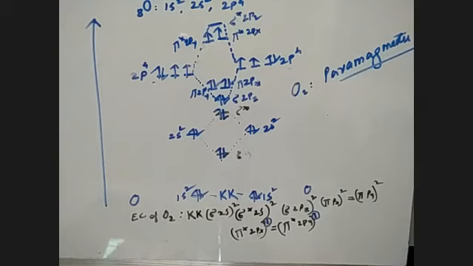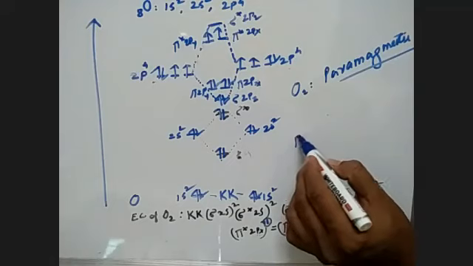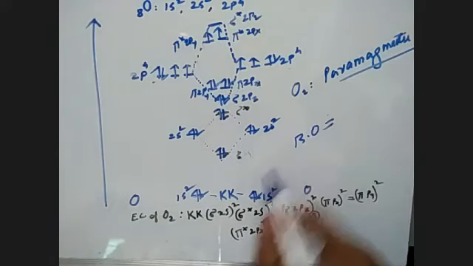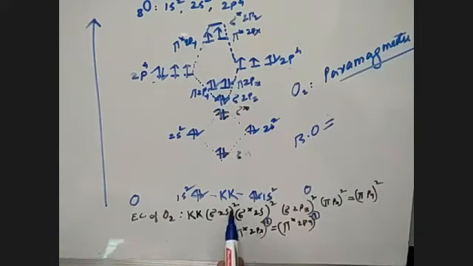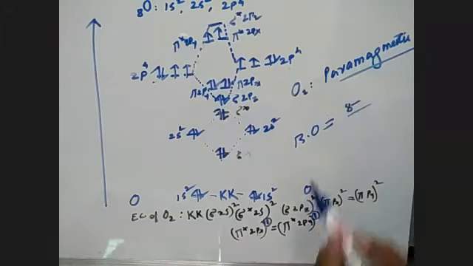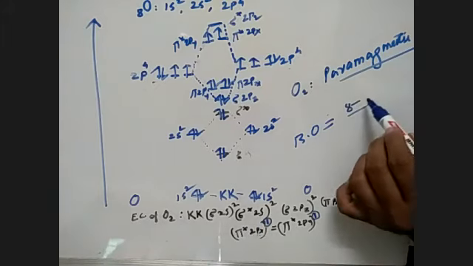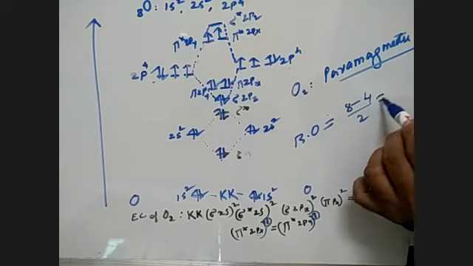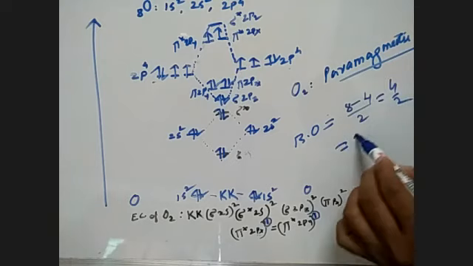What about the bond order of O2? Very simple. You just count the bonding electrons: 2 plus 2 plus 2 plus 2, that is 8, minus the anti-bonding electrons, 2 plus 2, that is 4. So 8 minus 4, divided by 2, equals 4 by 2, equals 2.